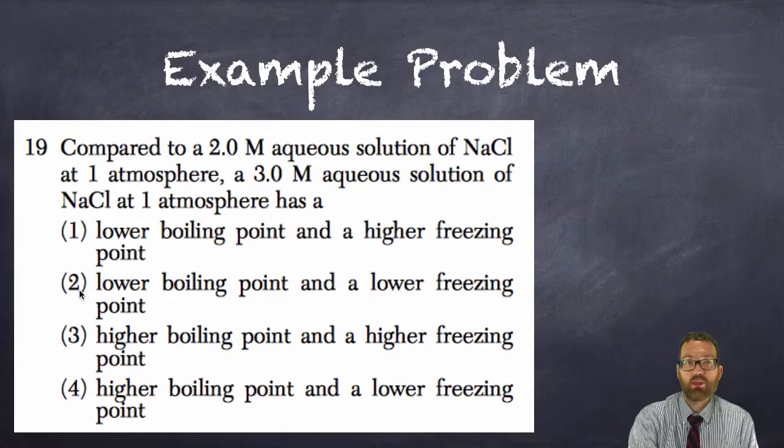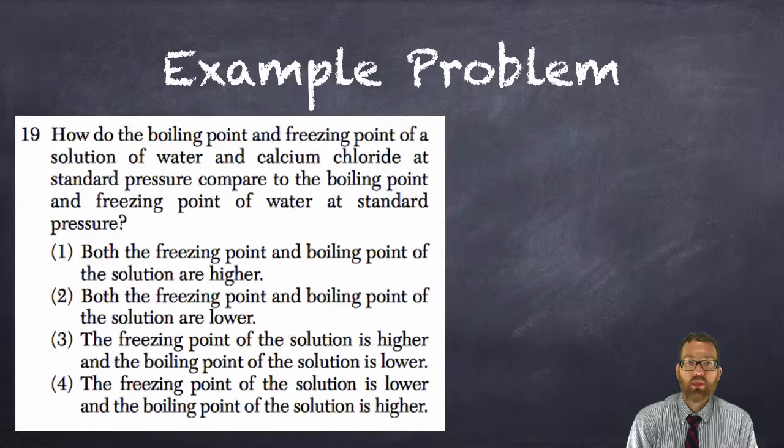Well, we can eliminate choices 2 and 3. It's not going to lower or raise both the boiling point and the freezing point. But if you can get that little saying in your head, freezing point depression, the freezing point goes down, boiling point elevation, the boiling point goes up, you'll see that that is answer 4. Higher boiling point elevation, lower freezing point depression.